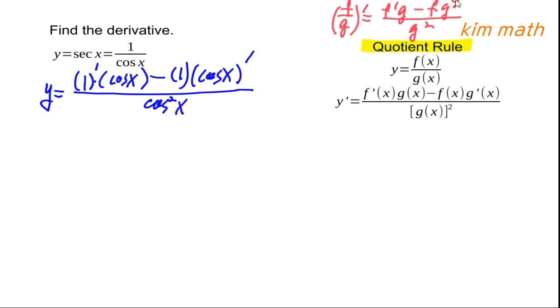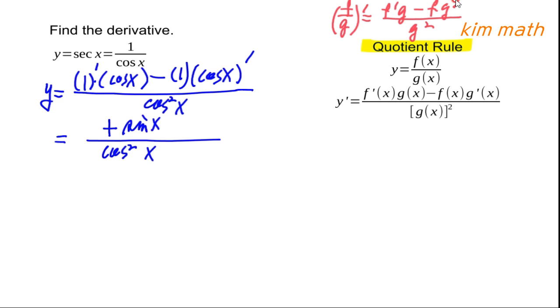Good. Since the derivative of a number is 0, you have only negative the derivative of cosine x, and the derivative of cosine is a negative sine, so you have a positive sine x over cosine squared x.